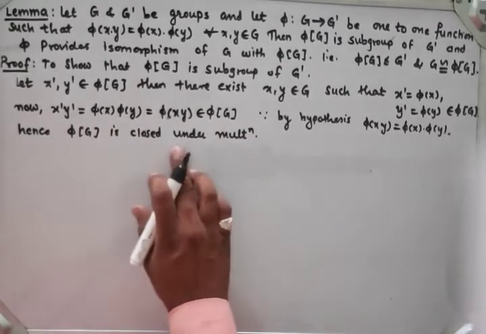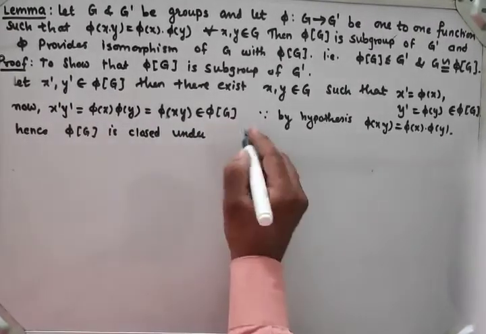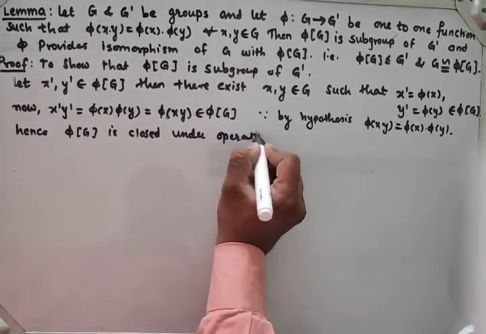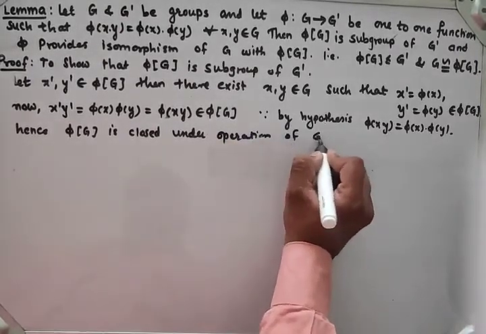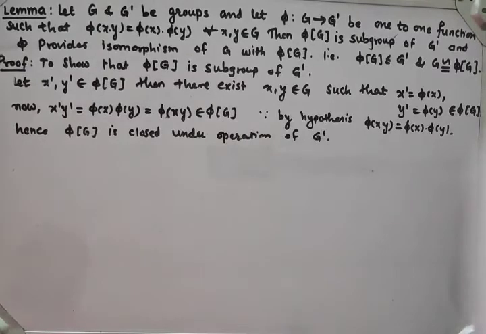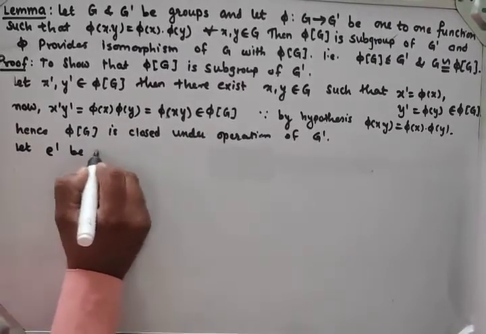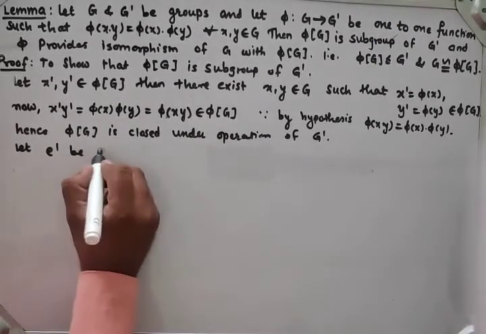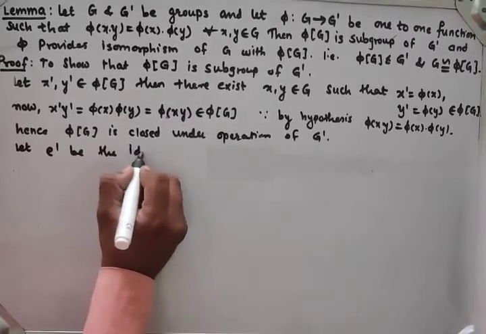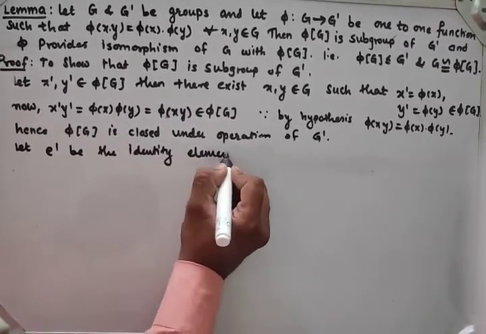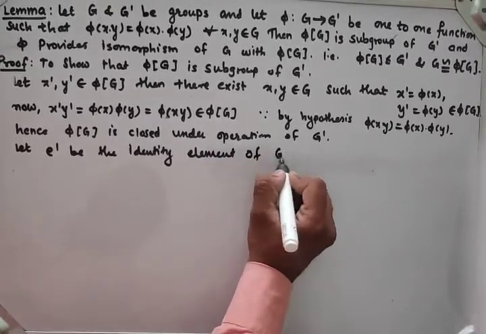or phi of G is closed under the operation of G dash. Now second, existence of identity. Let E dash be the identity element of G dash.